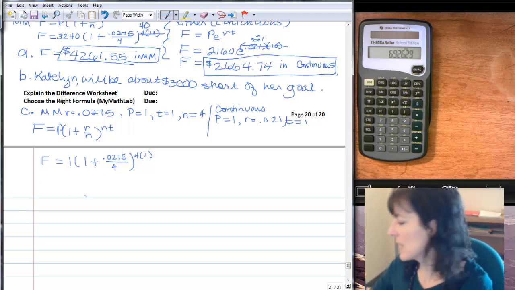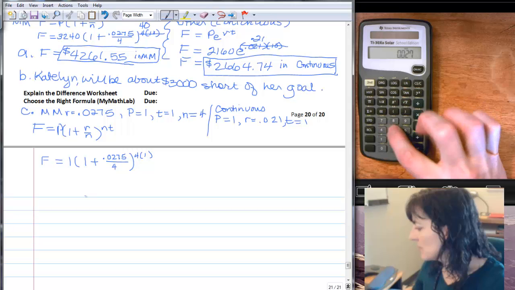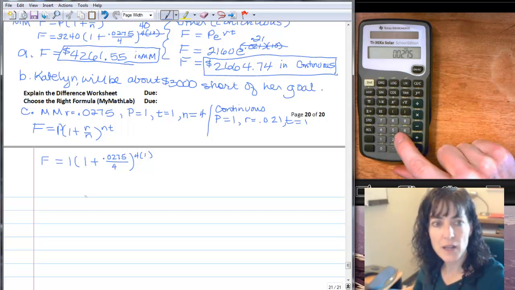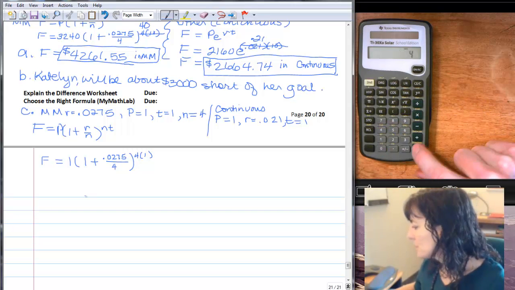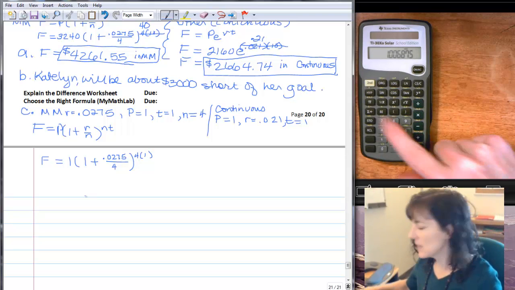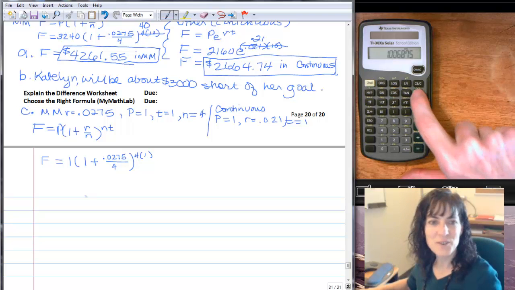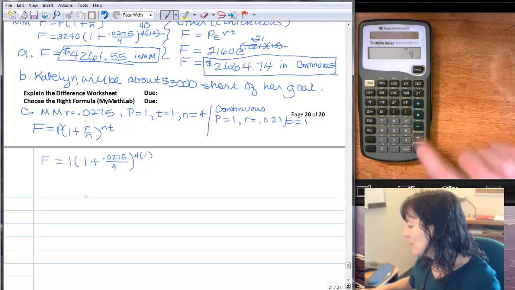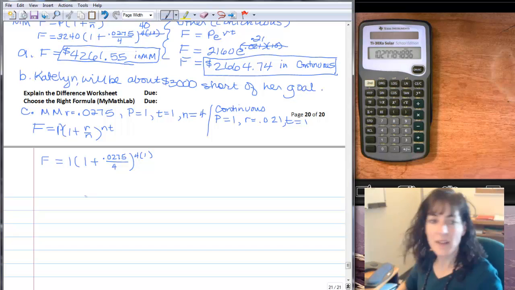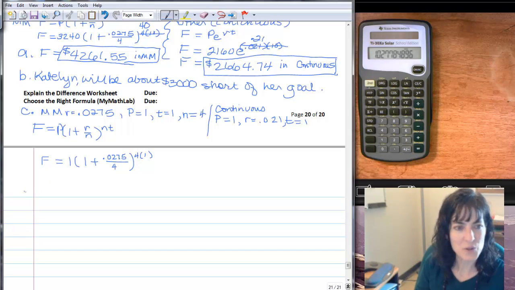So next thing I do is that division. So I have 0.0275 divided by 4 plus that 1 inside the parentheses, and then raised to the 4th power. And that gives me an F because I don't have to multiply by anything because there's a 1 out front.